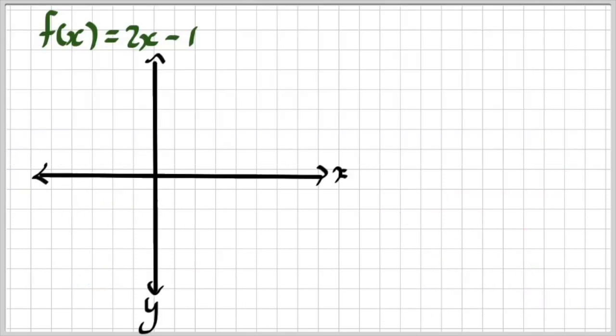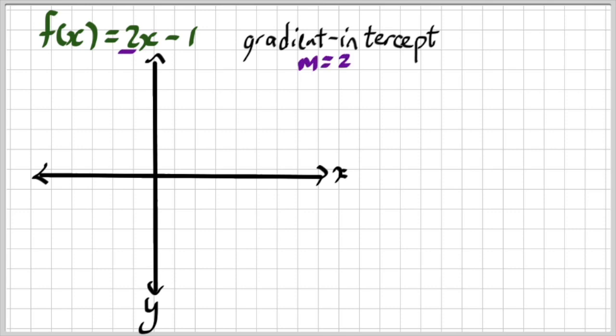Now looking at sketching the graph f of x equal to 2x minus 1 using the gradient intercept method, first of all, the gradient is 2, which means it is 2 over 1. And therefore, I've got my rise and my run being plus 2 and plus 1.